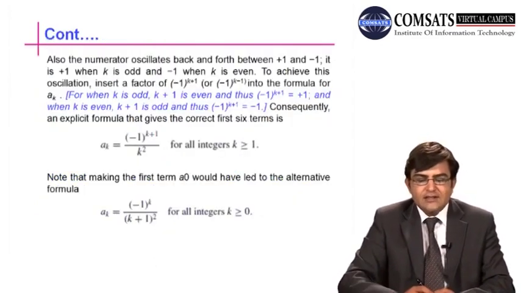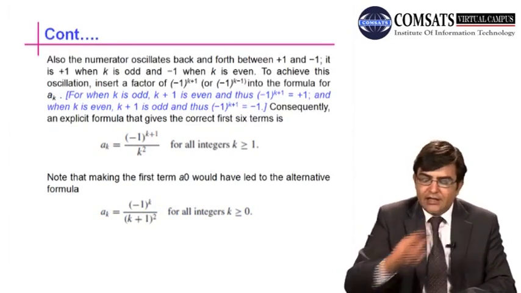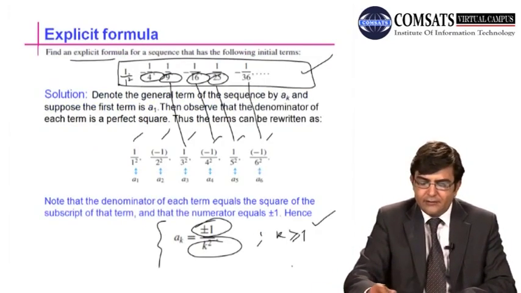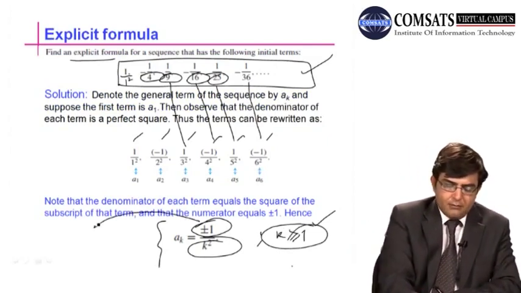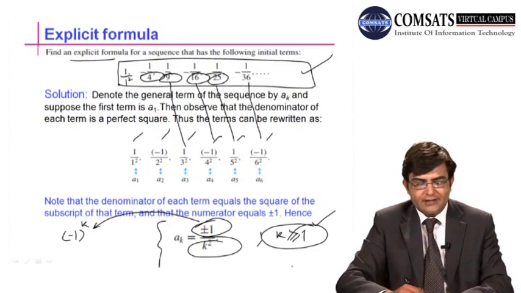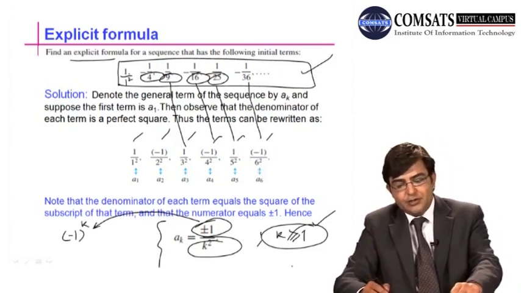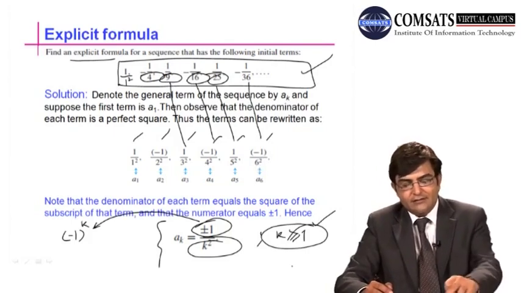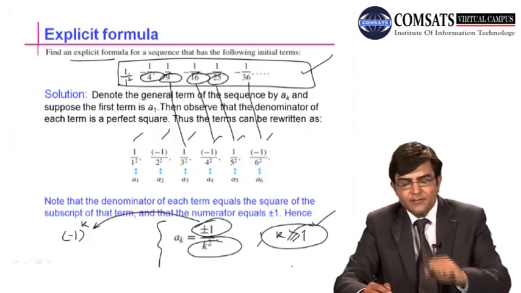In the numerator we can see that we have plus 1, minus 1, plus 1, minus 1 and so on, and the sequence is starting from 1. So if we write in the numerator minus 1 power k, what happens? If we put 1 we get minus 1, but we need plus 1. If we put 2 we get plus 1, where we need minus 1. If we put 3 we get minus 1, where we need plus 1.